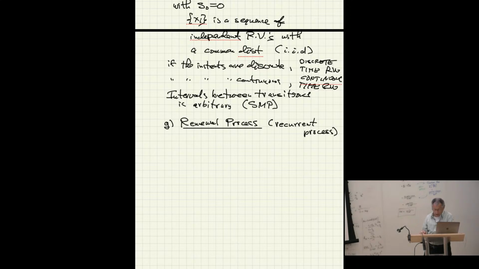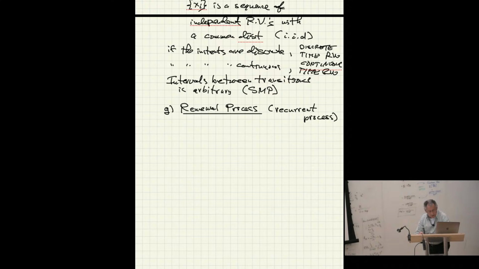I warn you, there's a lot of definitions here. We're almost done, by the way. This is related to a random walk. It's similar. But the focus is on counting the number of transitions.